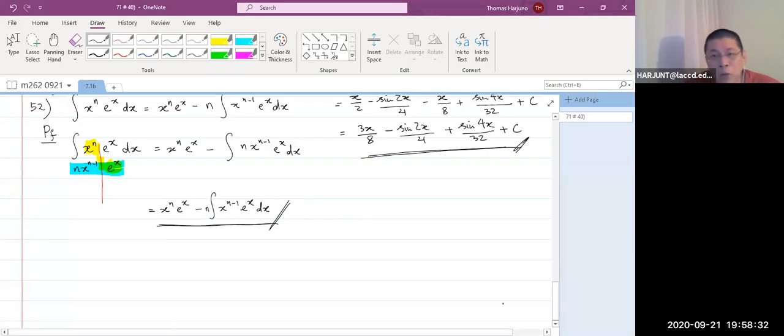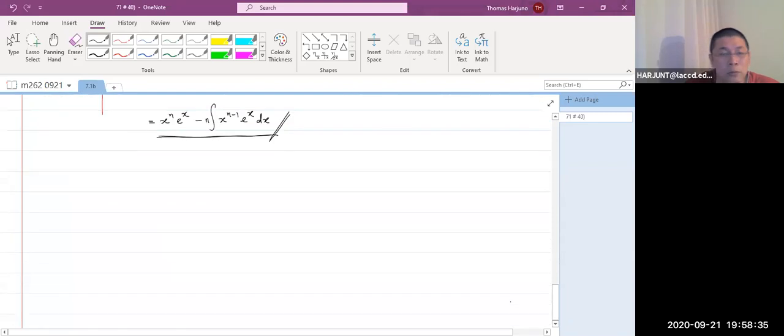Now let's do the hard one, number 54. We have the integral of secant to the n of x dx.